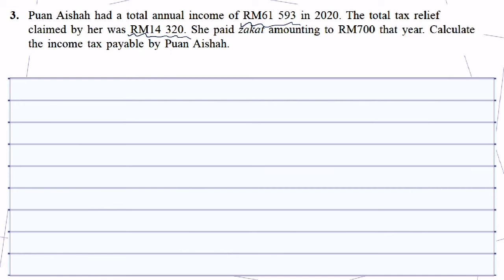Before we calculate the income tax payable by Puan Aisha, we need to find the chargeable income. For income, still remember the formula. Total income 61,593 ringgit minus the tax relief 14,320 ringgit.